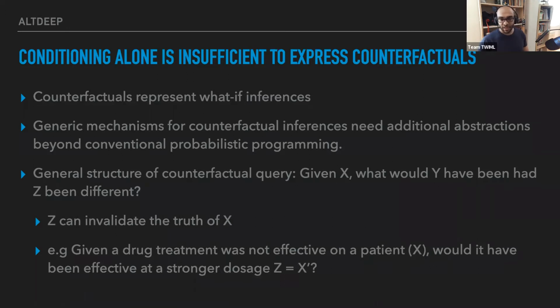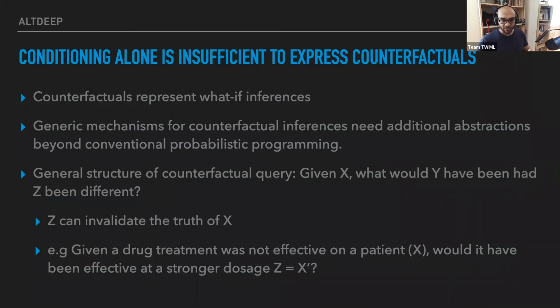Given a drug treatment was not effective on patient X, what would it have been had we given the stronger dosage? That stronger dosage invalidates the truth of the drug treatment that I actually gave them. If I said I gave them 200 milligrams, what would have happened had I given them 300 milligrams? Well, I can't. If I just want to do conditioning, I say, conditional on 200 milligrams, and then I condition on 300 milligrams.